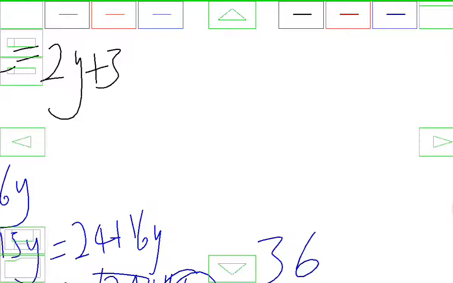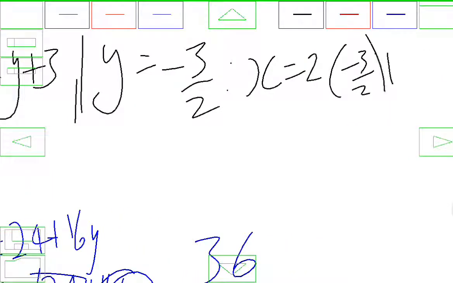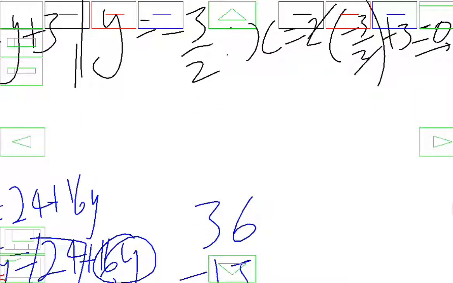And then for y is equal to minus 3 all over 2, we can say x will equal 2 all into minus 3 all over 2, close the bracket, plus 3, that'll cancel, and then this will be equal to 0, because minus 3 plus 3 will be 0.